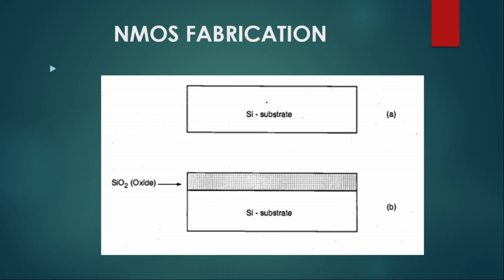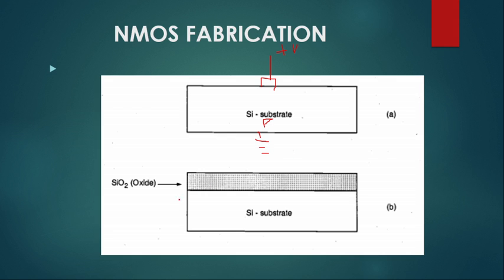Because the voltage supply used for NMOS is positive, the substrate should be connected to ground, because here the gate voltage is connected to positive VG. So in order to keep it reverse biased, it should be a P-type substrate, so that the mobility of electrons is maximum if the substrate is of P-type.